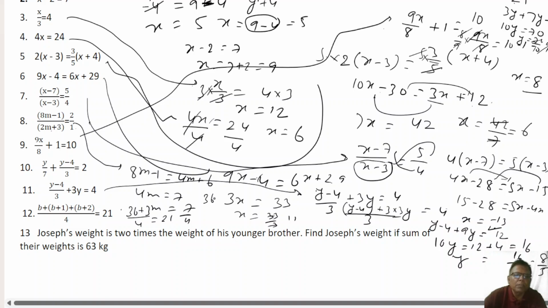So 3b is equal to 84, 4 into 21, and this minus 3. That is 81. So 3b is equal to 81. So b is equal to 81 by 3, that means 27.